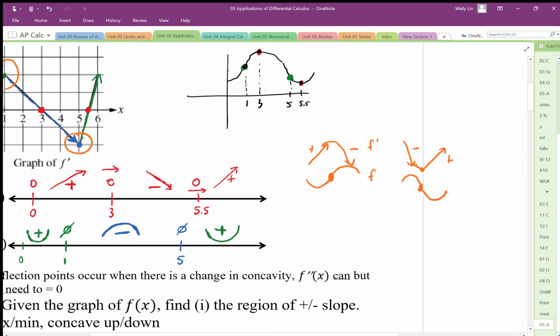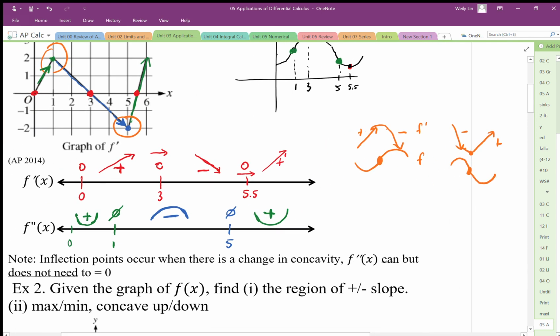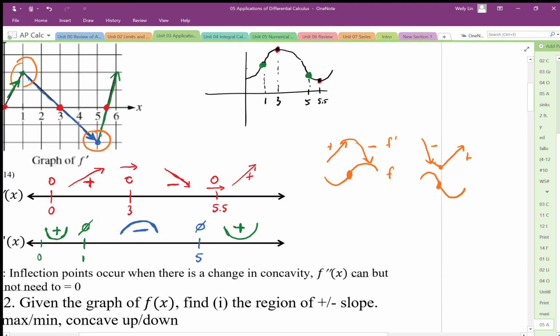So this is my f prime graph here. This represents my f prime. If my f prime looks like this, I'm going to have inflection like that. If my f prime looks like this, I'm going to have an inflection like this. So it's good to understand that these max and min points on f prime give us inflection.